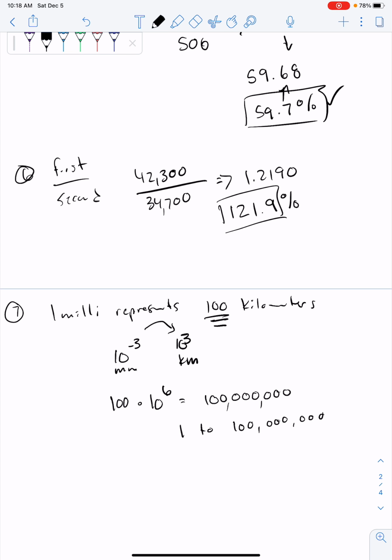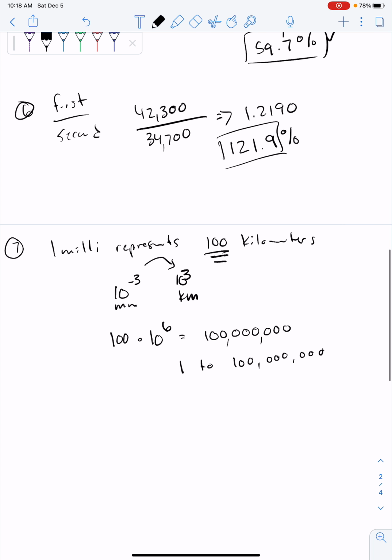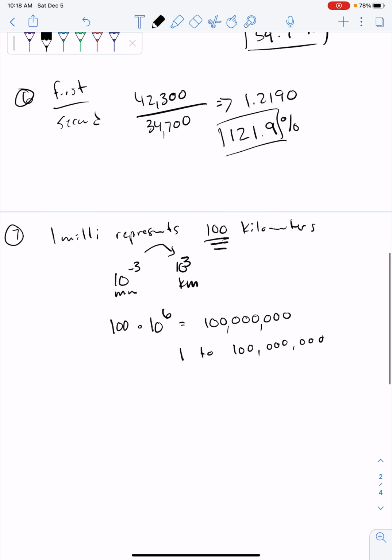So 1 millimeter on the map represents 100 million millimeters in real life. And I don't know how often you would represent, maybe if it's a map of the globe, 1 millimeter is going to represent 100 kilometers. That's a pretty big scale for a map.